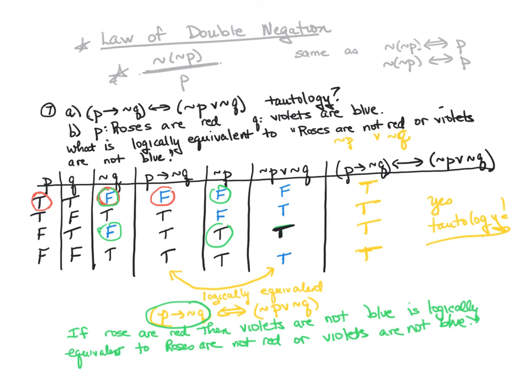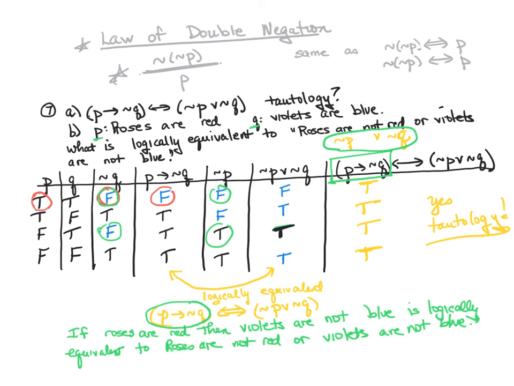And again, because P represents roses are red and Q represents violets are blue, and we translate this in terms of P and Q, well, we're going to use this piece of the tautology. And that's exactly what we said. If roses are red, then violets are not blue.